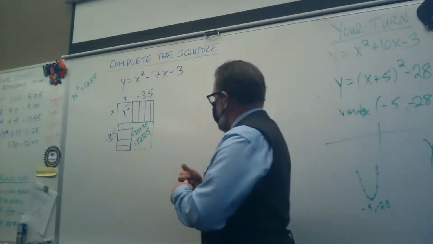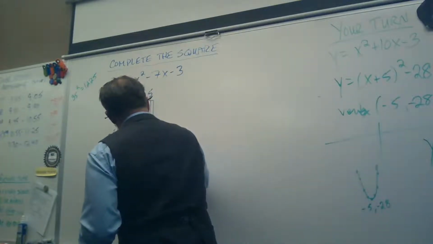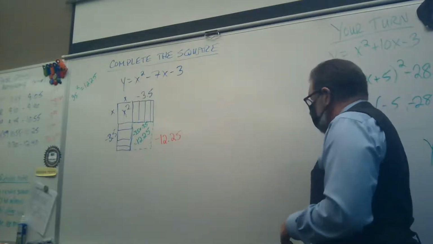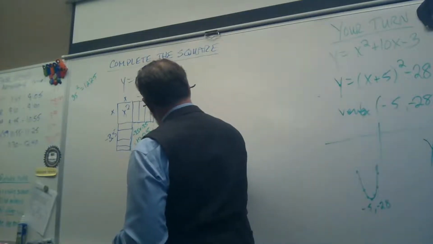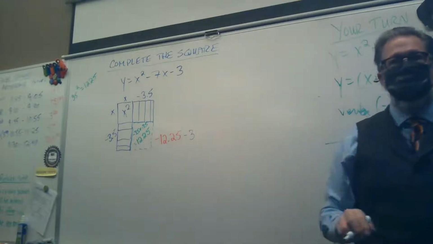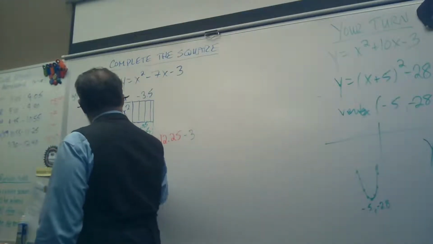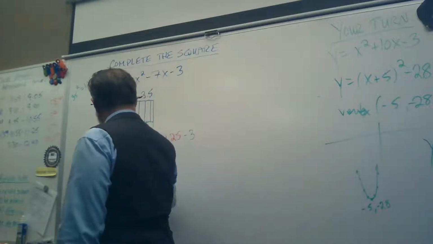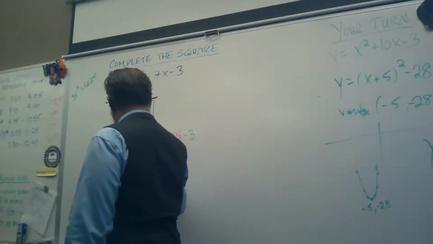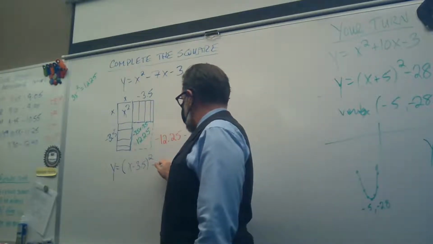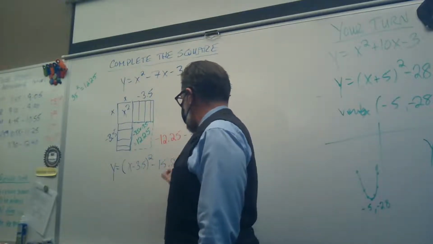So, what do I need to do? I need to subtract 12.25 to keep this in balance. And I will bring my minus 3 down from up there. And my equation becomes y = (x − 3.5)² − 15.25. My square is x minus 3.5, and on the outside I have minus 15.25.